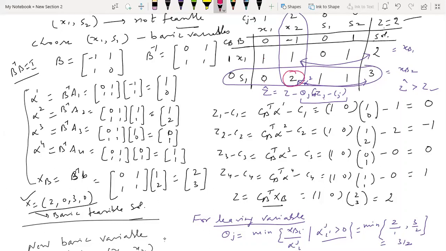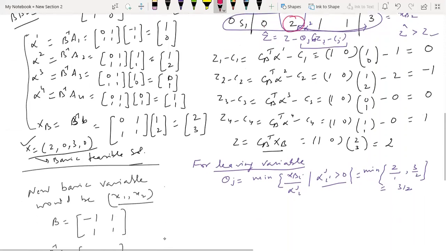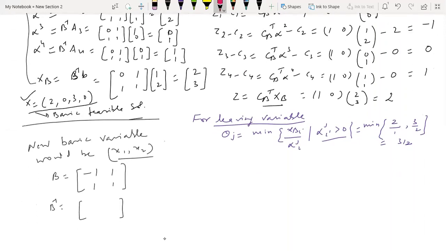So we are going to construct a new table by using row operations, where we make this entry 1 and these entries 0. Once x2 is here and we make these entries 0, I will get my next simplex table, exactly the same as you get by using these row operations. So let us calculate the new simplex table by using the row transformations.